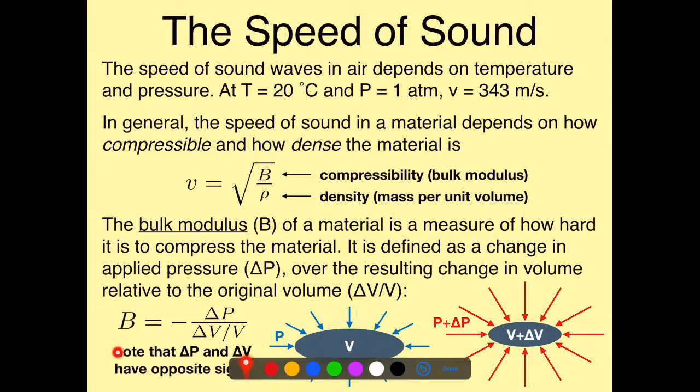So to make the bulk modulus come out positive, we put the negative sign out front. That makes the bulk modulus come out to a positive value. Okay, so that's how the speed of sound works. It depends on B, which I just defined for you, and rho, which is the density of the material.